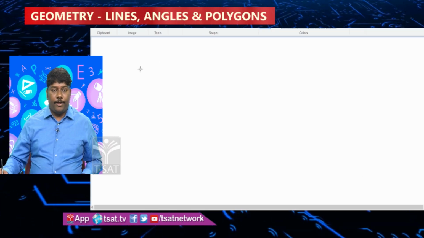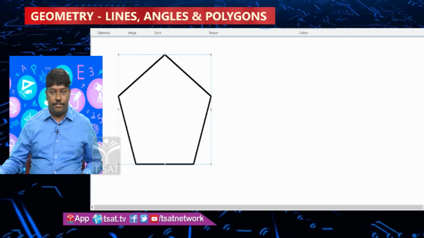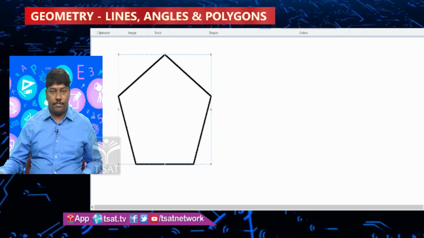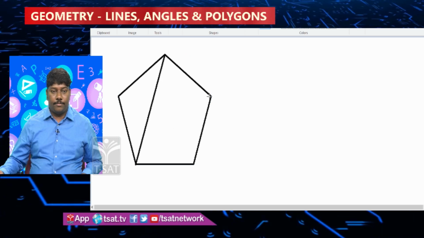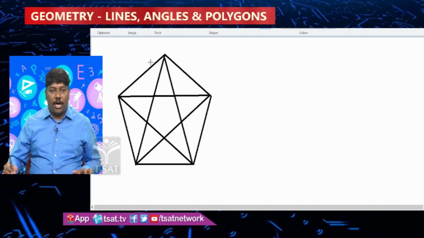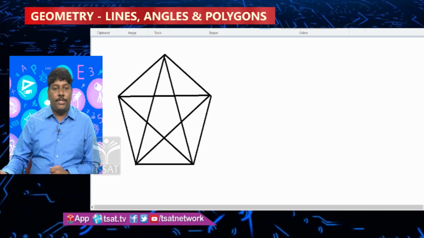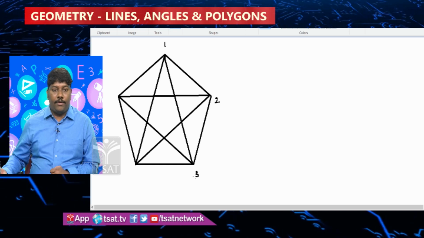Now, if I wish to find the number of triangles formed in this particular figure, I am asking you the number of triangles in a pentagon which are formed by using the vertices of the pentagon. How many triangles are formed by using the vertices of the pentagon? 1, 2, 3, 4, 5.